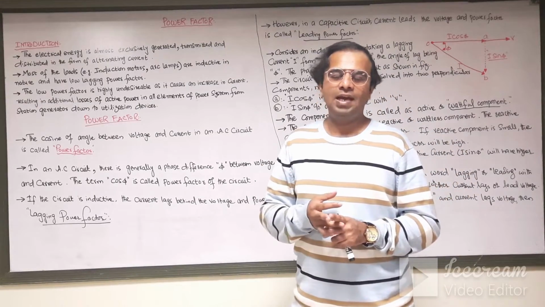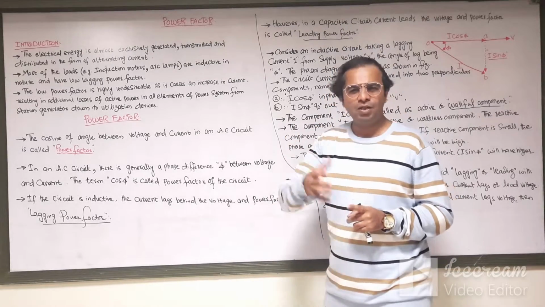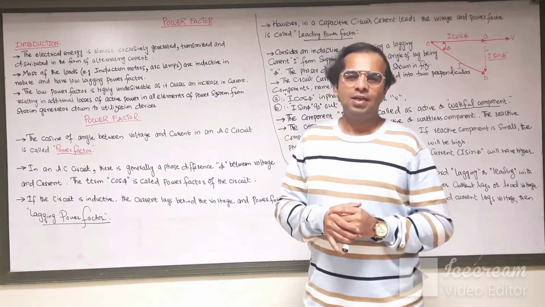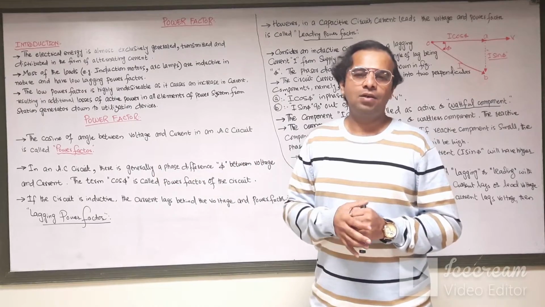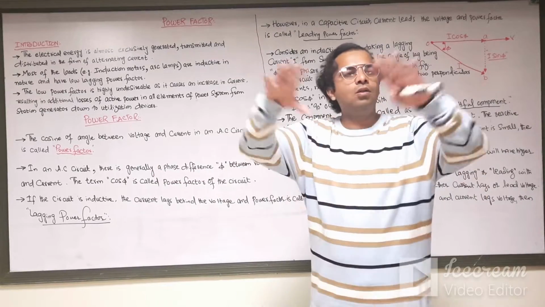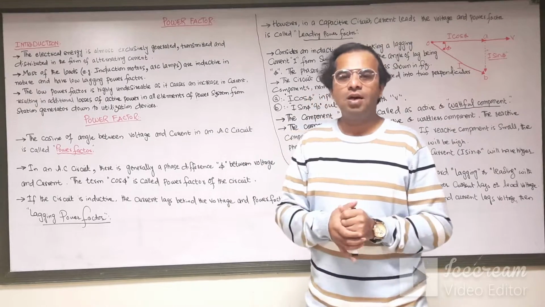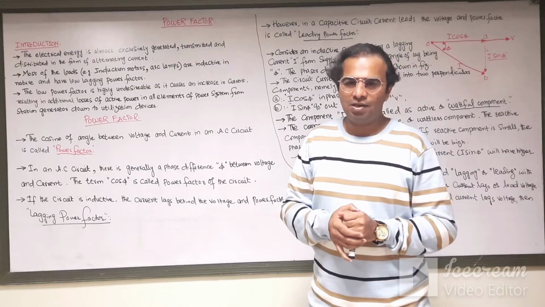Our distribution and transmission systems carry that power with the help of conductors through the transmission towers, all based on alternating current, and our utilization devices and loads installed in our homes are all operated on alternating current.